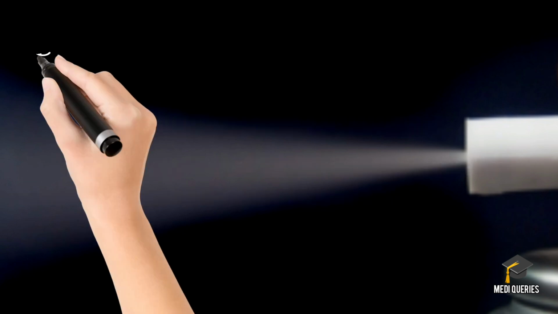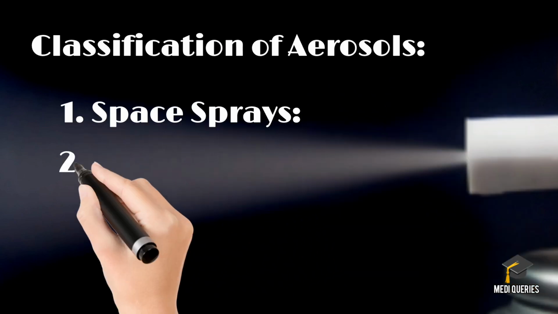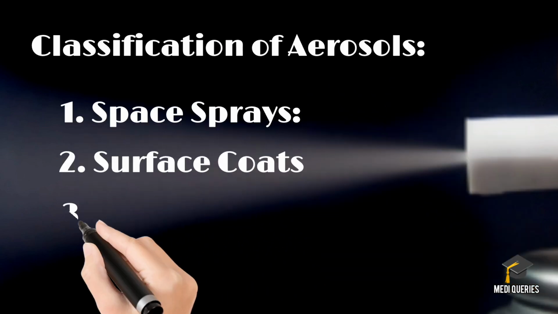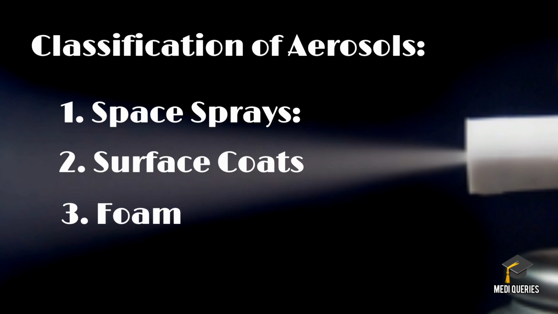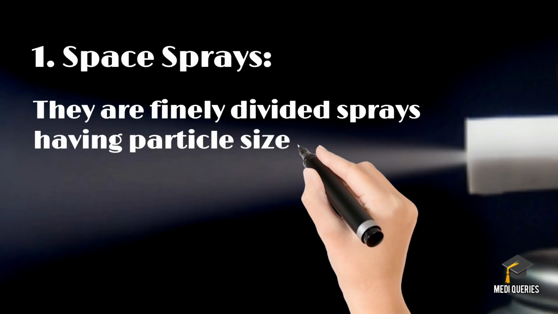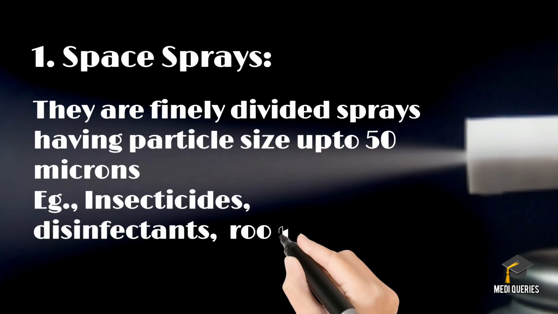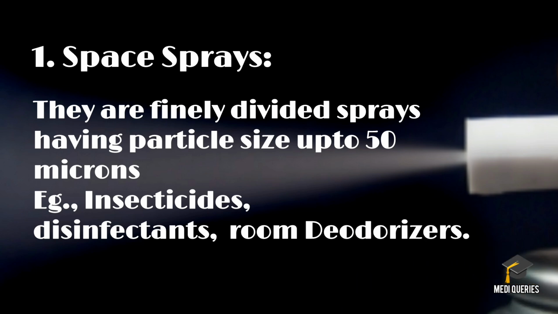Coming to the classification of the aerosol systems, aerosols may be classified as space sprays, surface coats, and foams. We'll see them one by one. The first one is the space sprays. These are finely divided sprays having a particle size up to 50 microns.